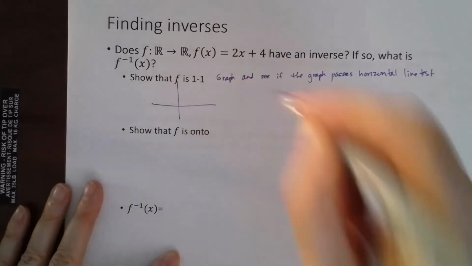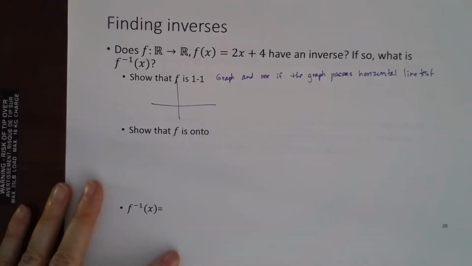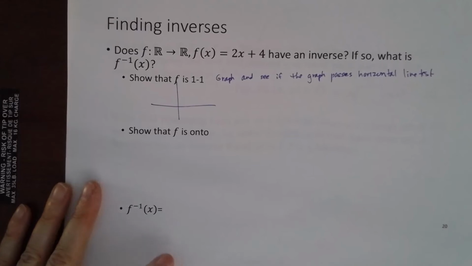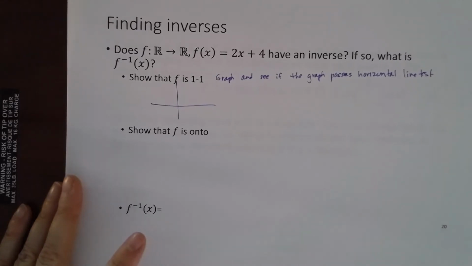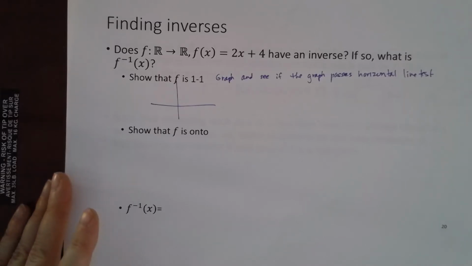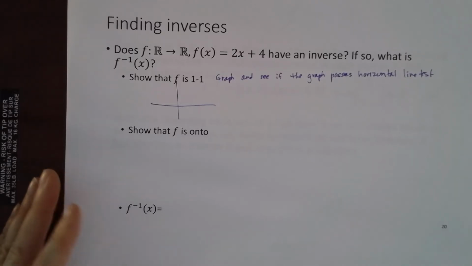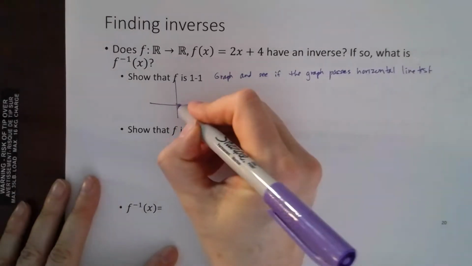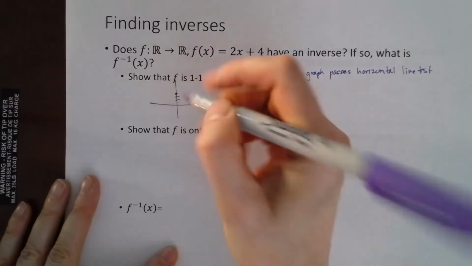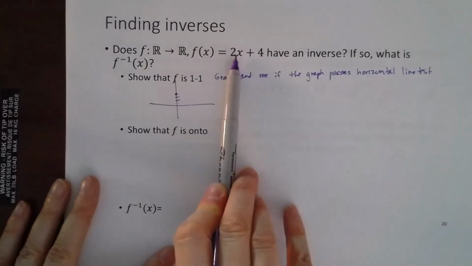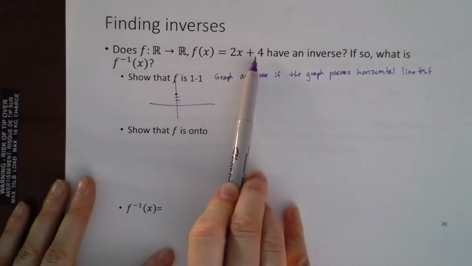So what does the graph of this function look like? One of the easiest graphs you can ever draw. Exactly. So it's a line, and it has a y-intercept of 4 and a slope of 2, or like you said, it's a vertical stretch of y equals x and a vertical translation as well.